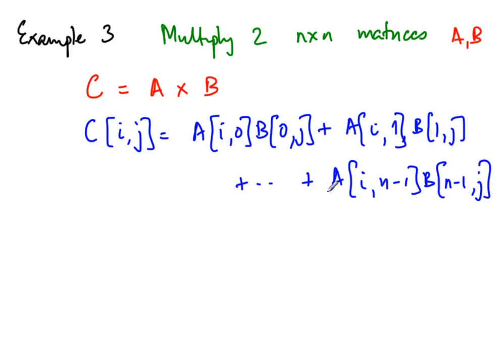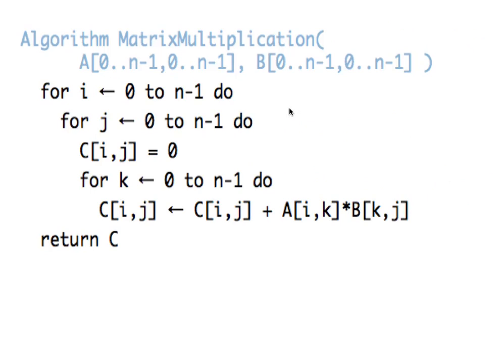So this can be done using 3 nested loops. So let's look once again first at how this algorithm actually looks. Right? So this is our algorithm, matrix multiplication. It takes two n cross n matrices A and B, with indices 0 to n minus 1, and it computes the output C.